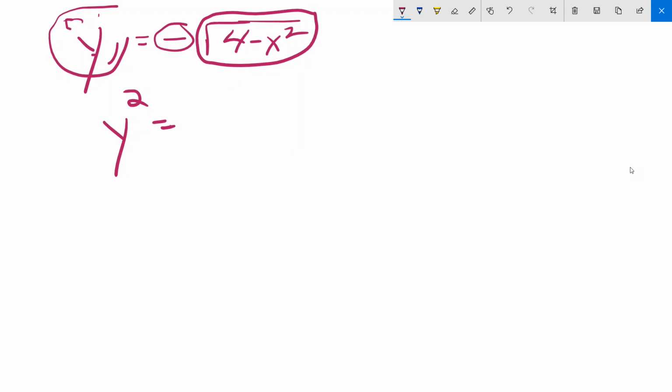Do you square the negative as well? Yeah. In other words, if you're going to square both sides, you've got to do that. You cancel the square root. Yep. So you're left with that.